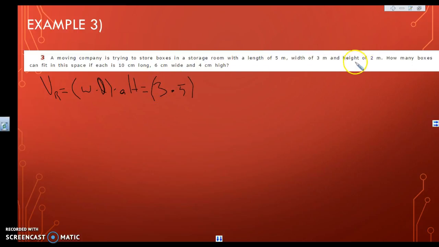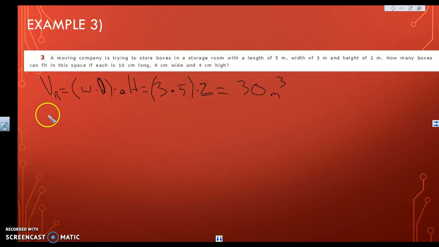And the room is 2 meters high, so our altitude is 2. So 5 times 3 is 15, 15 times 2 is 30 meters cubed. So that is the volume of our room.